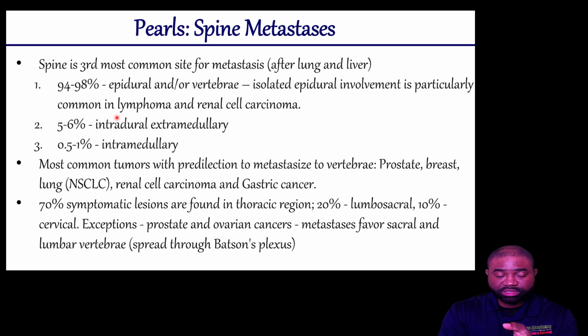Like I discussed before, about 70% of symptomatic metastatic spine lesions are found in the thoracic region, which makes sense since it's the longest spinal region. About 20% are in the lumbosacral region, which is the second longest, and about 10% in the cervical region.